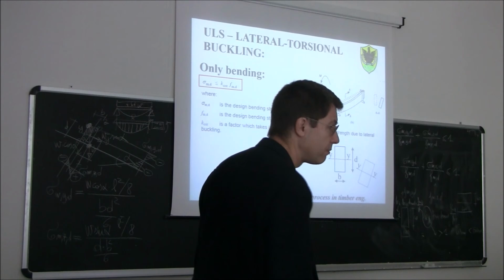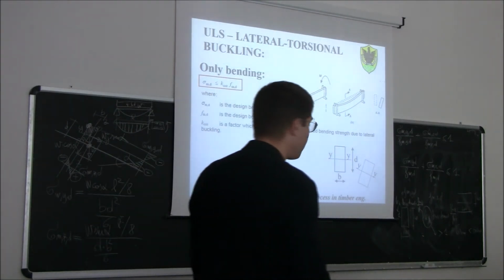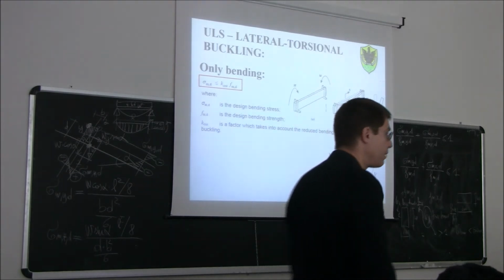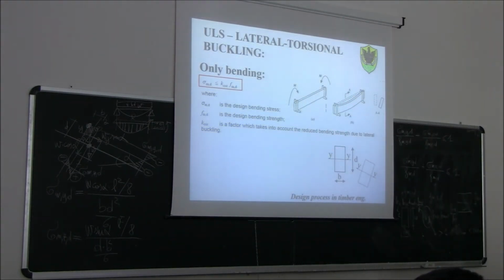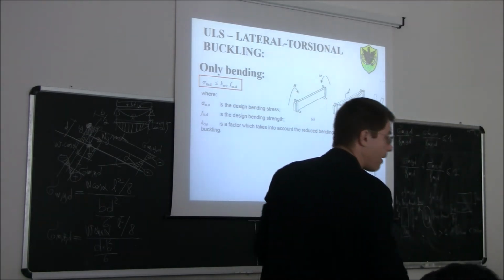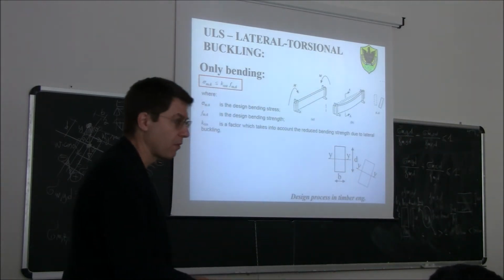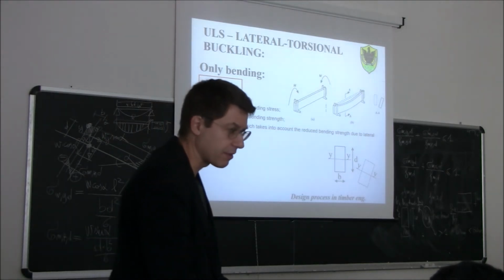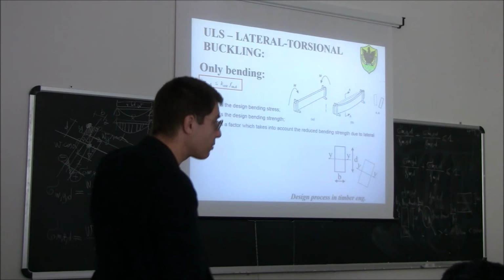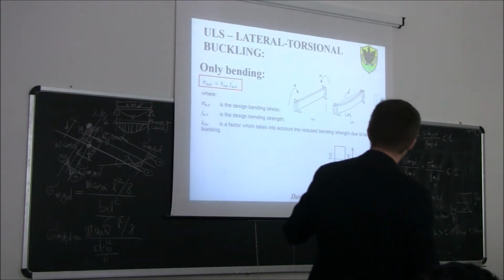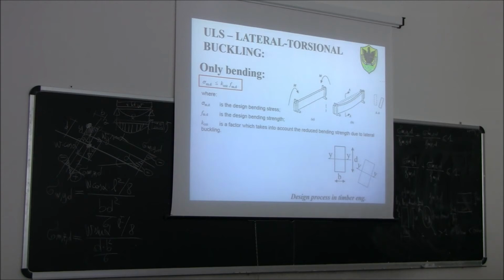So, in terms of design, if you look at the Eurocode, we have a design inequality similar to the one that we saw yesterday, talking about flexural buckling. I calculate the design bending stress by using the usual Navier formula, M divided by W. Then, rather than comparing this with the bending strength, I compare it with a reduced bending strength, where the design bending strength fm,d is multiplied by a reduction coefficient, k_crit.